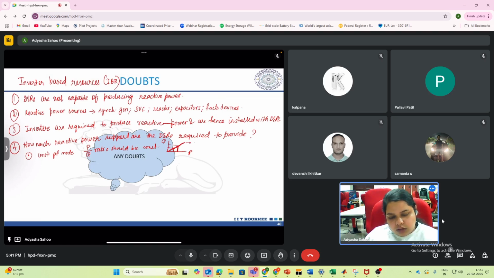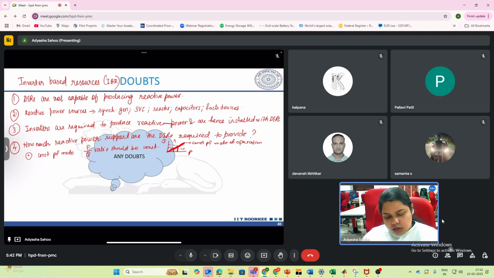So this line will represent the constant power factor mode of operation. The DRs cannot be in this region. Their operating points can only lie on this straight line. So a constant power factor of maybe 0.9, 0.95, depending upon the standard, they have to maintain at the PCC.